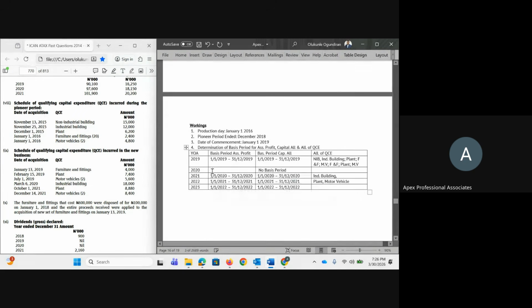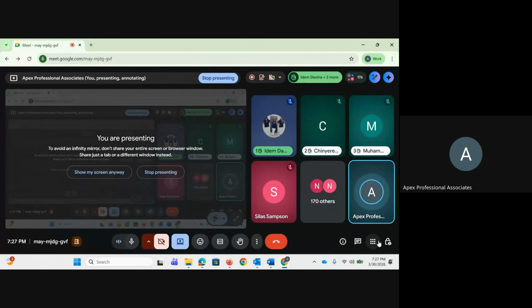So if I wanted to follow the new rule, I would have done 1/1/2019 to 31 December 2019. Now, that means I'm repeating 2019 in 2020, which means I'm flouting the rule. That's why there will be no basis period in that year. Have I answered your question now for the people who asked?